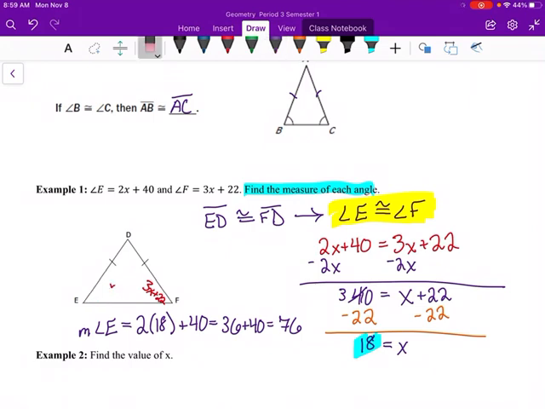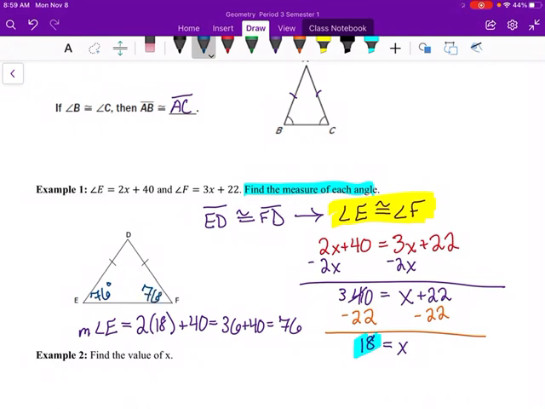I'm just going to erase this so there's room for 76 degrees. Because we know angle E and angle F are congruent, we also know that angle F would be 76 degrees.